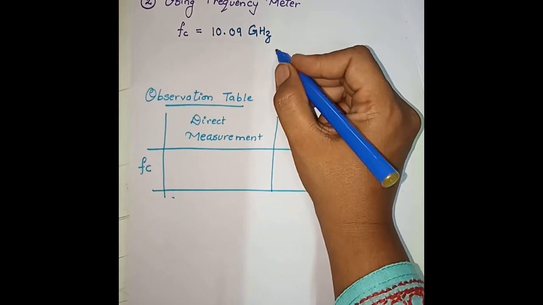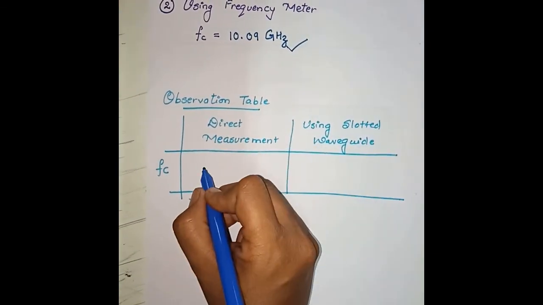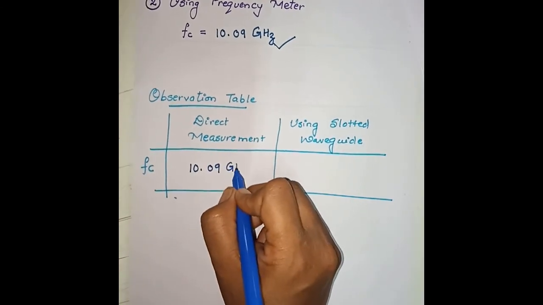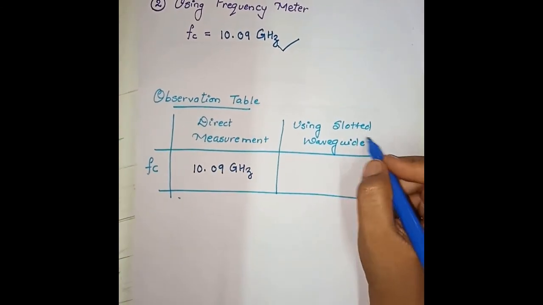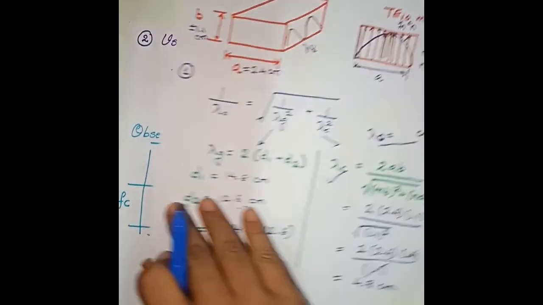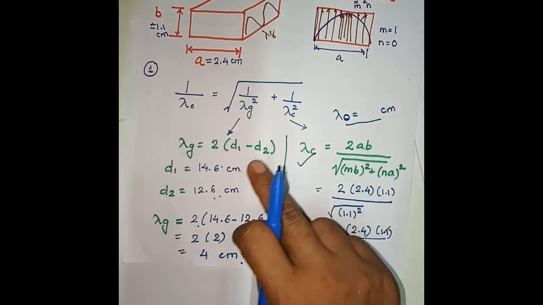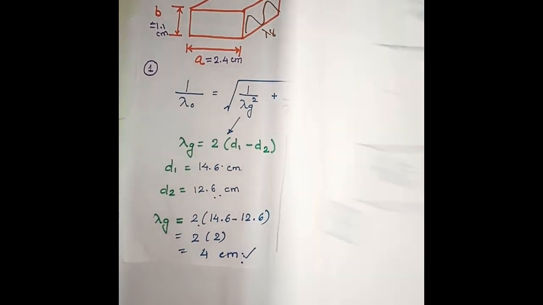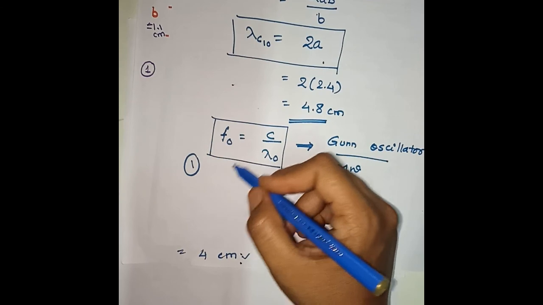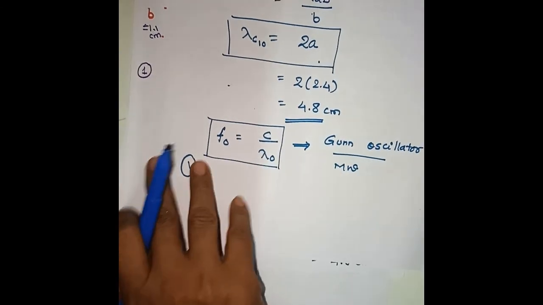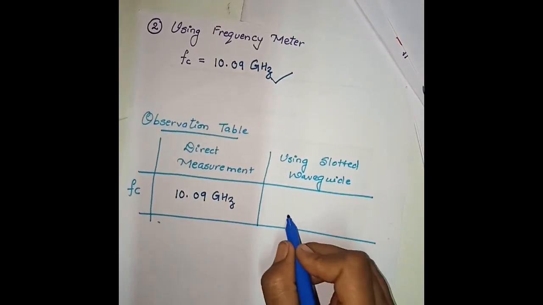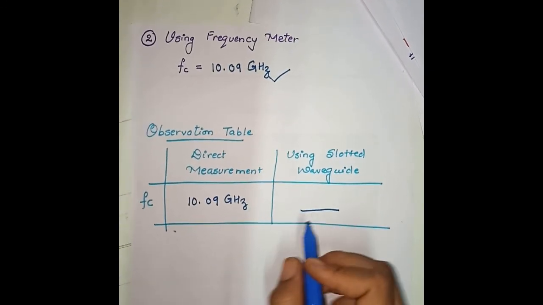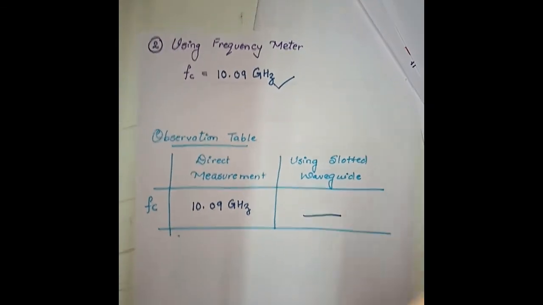So we put this value over here as 10.09 gigahertz. For the slotted waveguide, whatever calculation we have done, on that basis we calculate the frequency, write it over here, and you have to compare whether these two frequencies are the same or not.